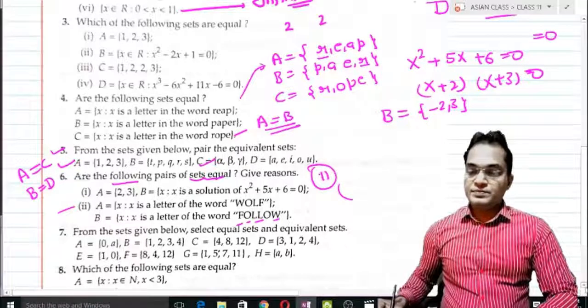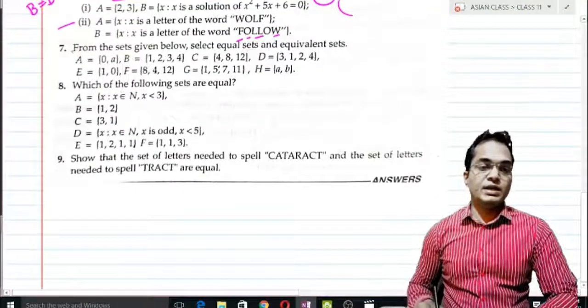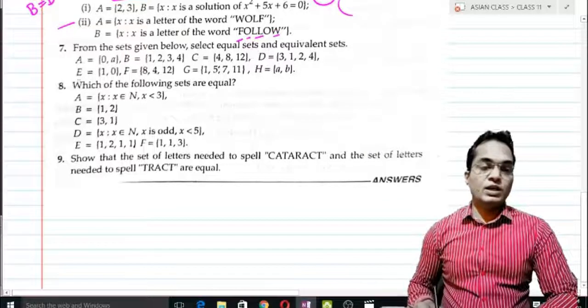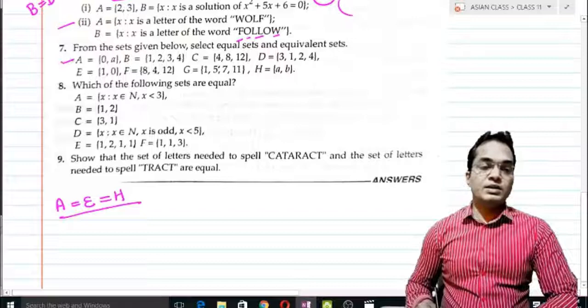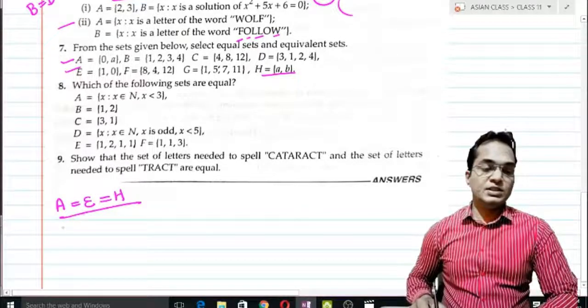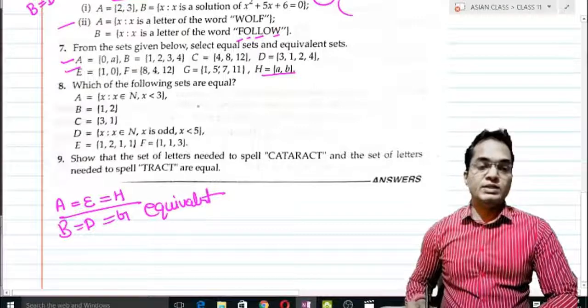Now question number 7. We are going to solve question number 7. From the following sets given below, select the equal sets and equivalent sets. Now A is equivalent to E is equivalent to H, because the cardinal number in A, E, H is 2, and just like B, D and G, they are the equivalent sets.